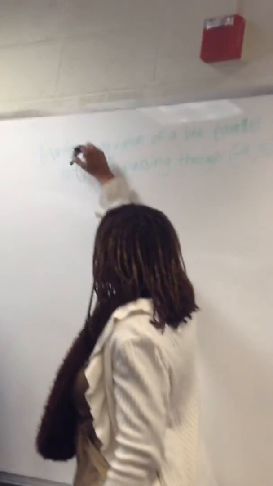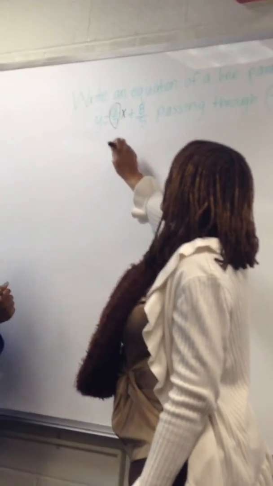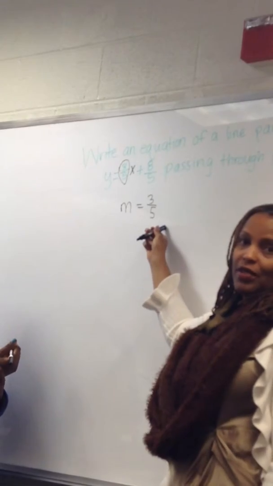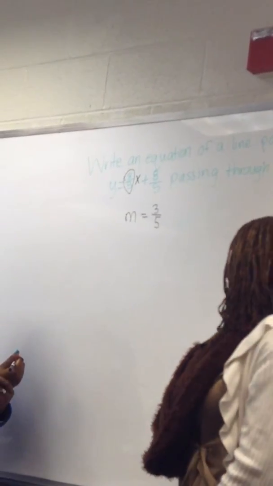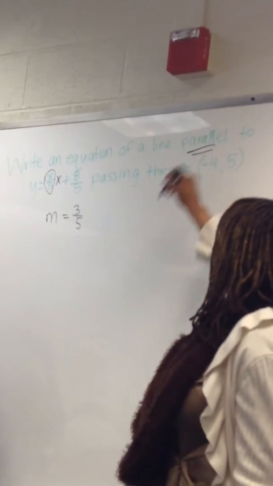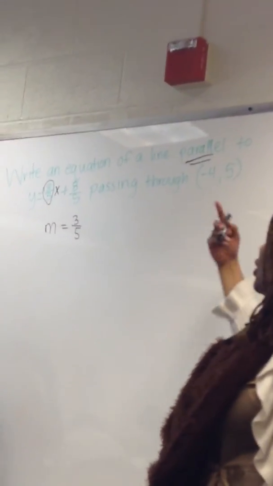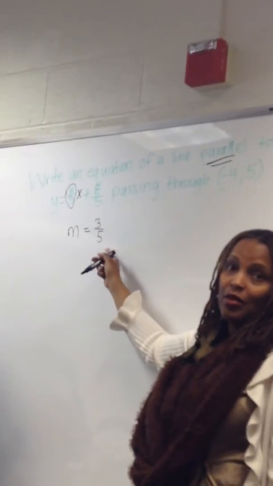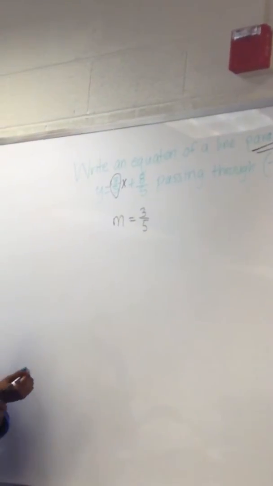So in this case m, which represents our slope, is 3/5. As Khadijah so wisely stated, the lines are parallel, so the slope of the equation we're writing is also going to be 3/5 because the slopes are equal.